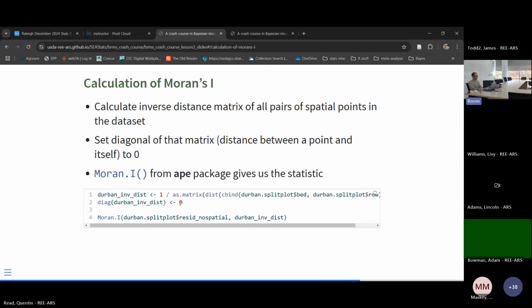Then we have to set 0 on the diagonal so that the distance between a point and itself is 0. And then we can use the Moran.I function from the R package ape to get the test statistic. So we're going to do that, the inverse distance matrix, and then calculate the Moran's I of the residuals of the model.